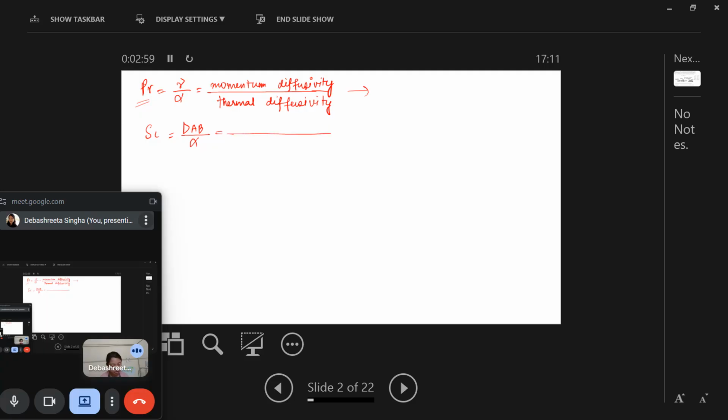It gives the relation between the mass diffusivity and the thermal diffusivity.